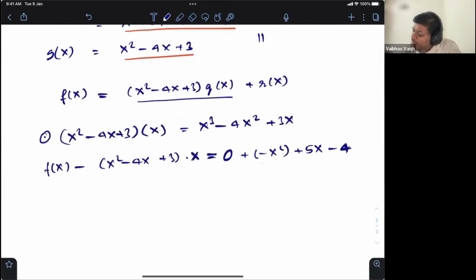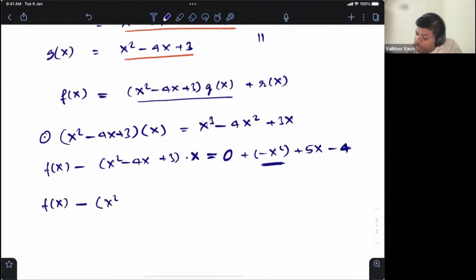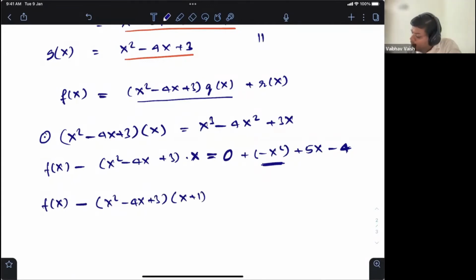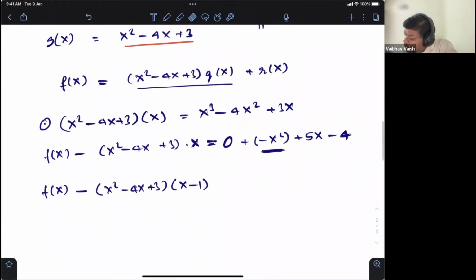Then I still want to kill something, since the remainder has to be of degree strictly less than that of the divisor. So I kill another copy of x square by looking at minus x square, minus 4x plus 3 into x minus 1. So I subtract another copy of x square minus 4x plus 3 from the whole business. Wait, there is some problem.